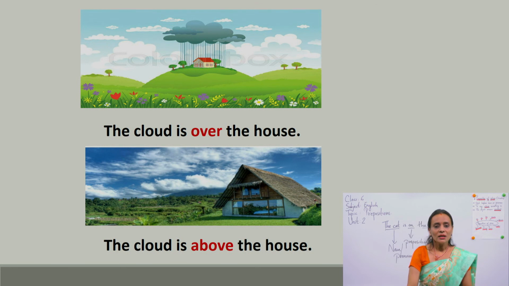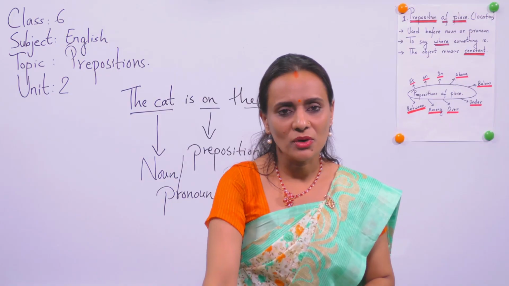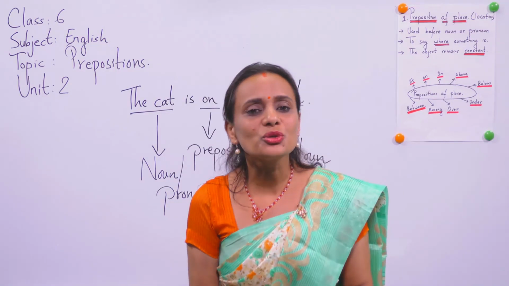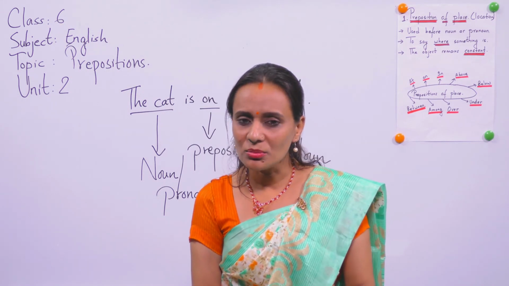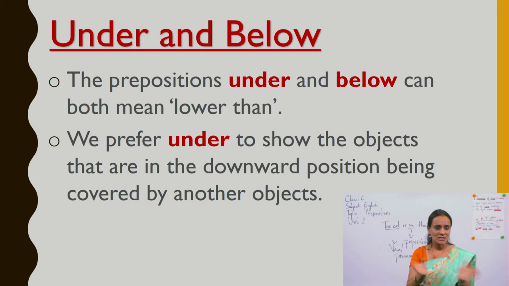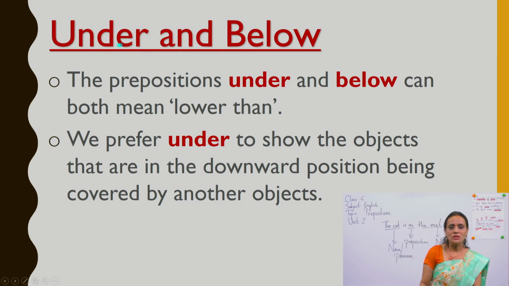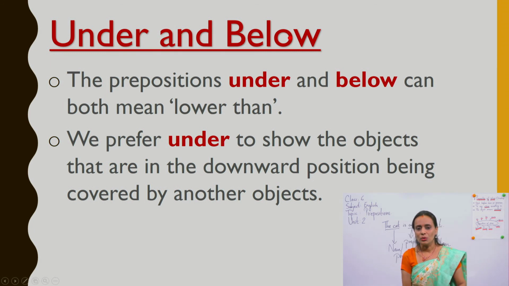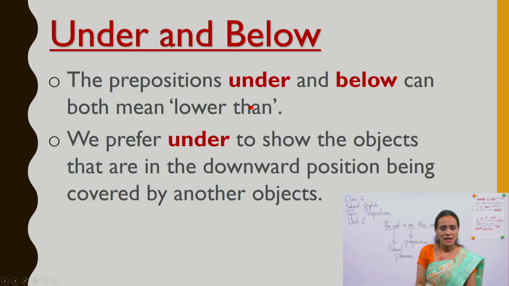Okay. Now let's see other words. There are another two words. They also mean the same, but they also have a difference like we just did before. These two words, under and below. The prepositions under and below can both mean lower than.